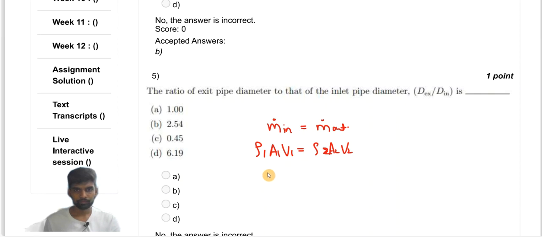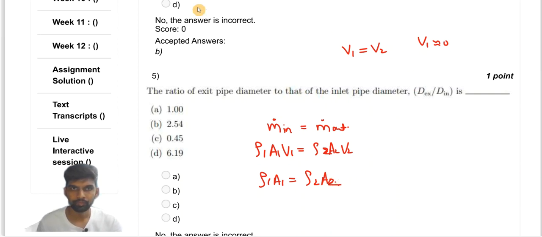Since they have given that the kinetic energy is negligible, the velocity is nearly equal to zero, not exactly zero. So rho 1 A1 equals rho 2 A2 because the velocity at inlet and exit is the same, as they have mentioned above.